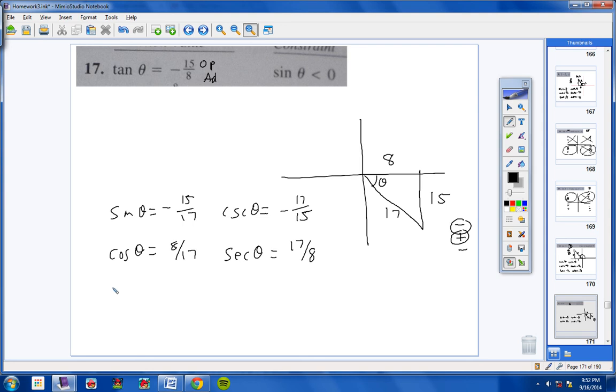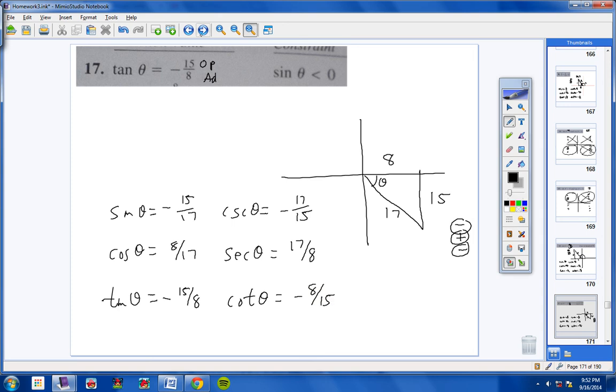Tangent of theta will be negative because of this, and tangent of theta would be opposite over adjacent, so negative 15 over 8. And so the reciprocal function, cotangent, would be negative 8 15ths.